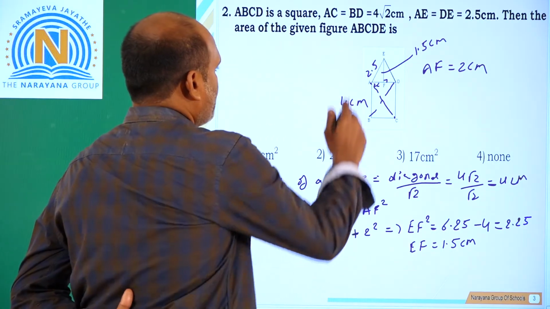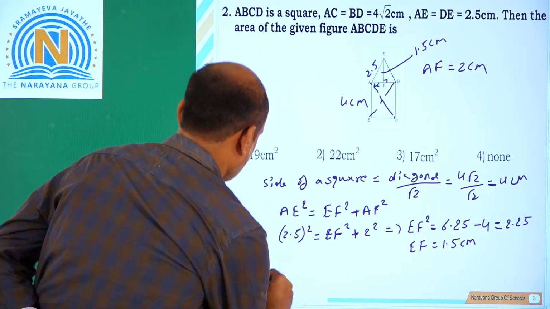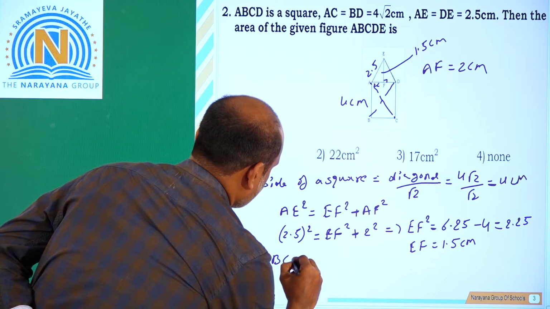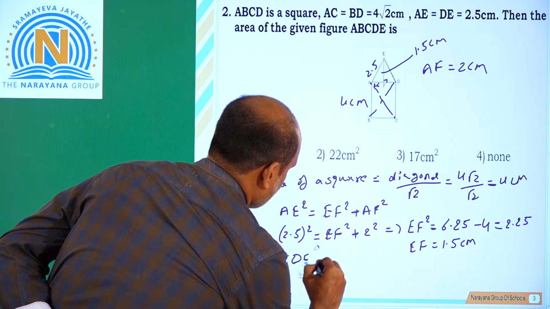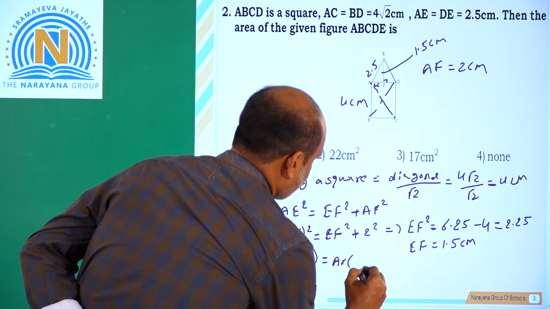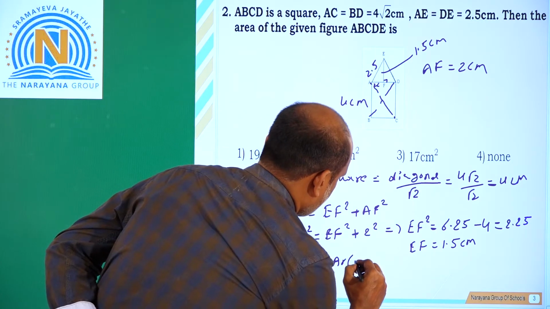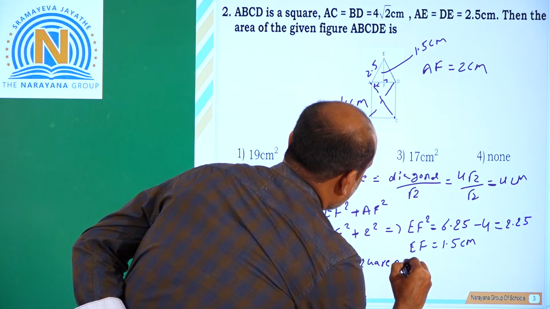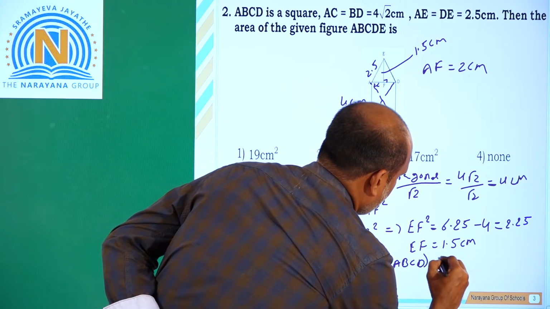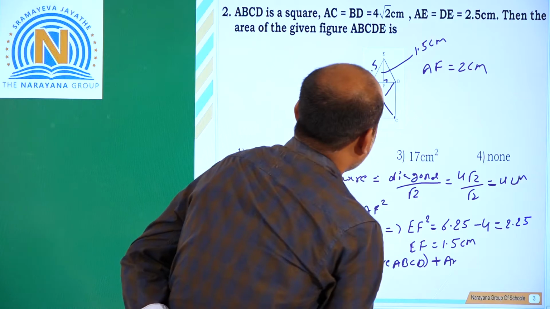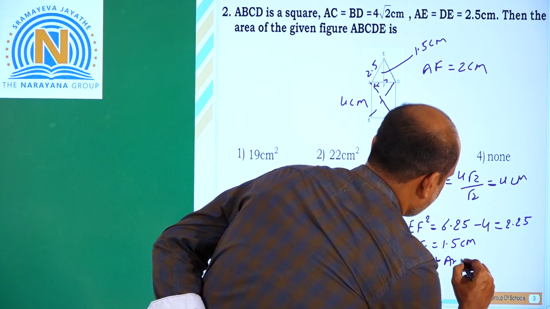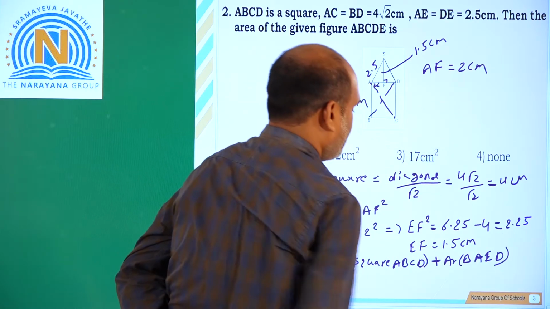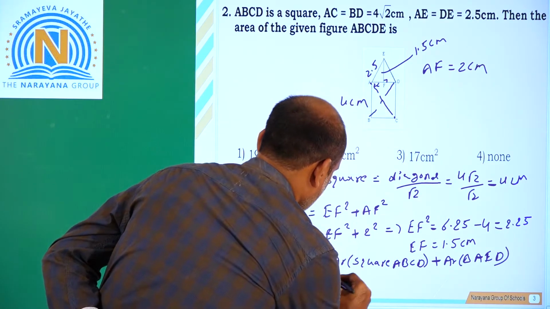Now the area of this total figure. The area of ABCDE is equal to the area of square ABCD plus the area of triangle AED. The area of a square is side square.